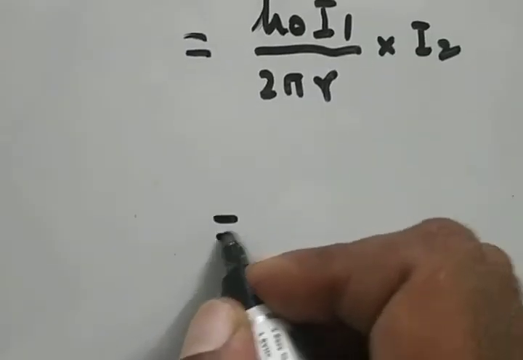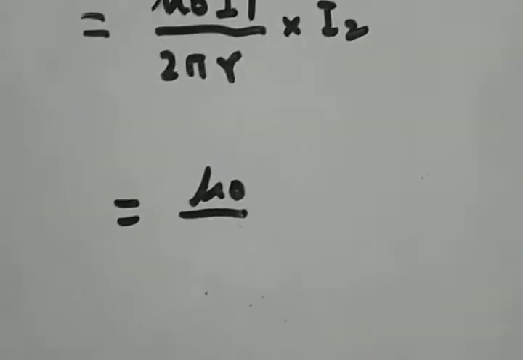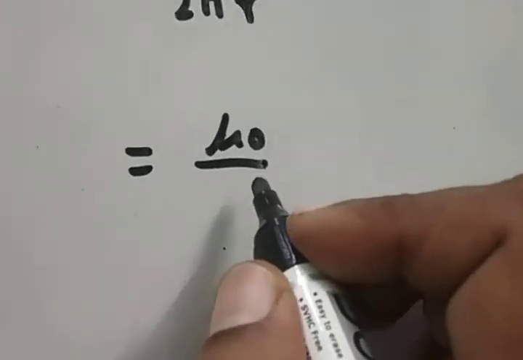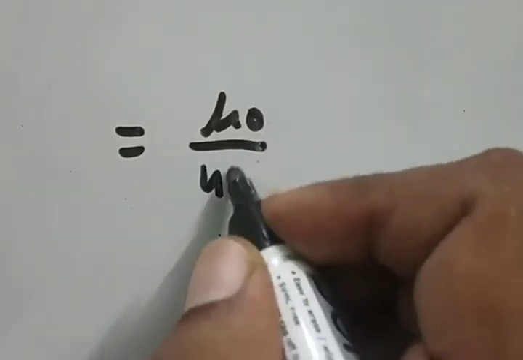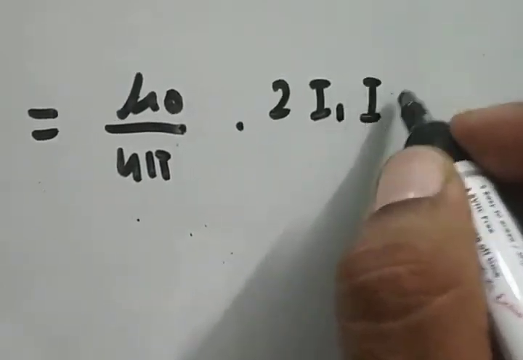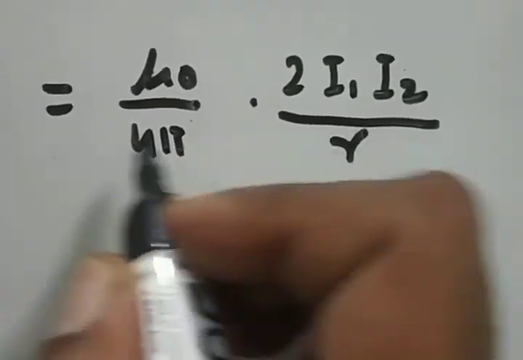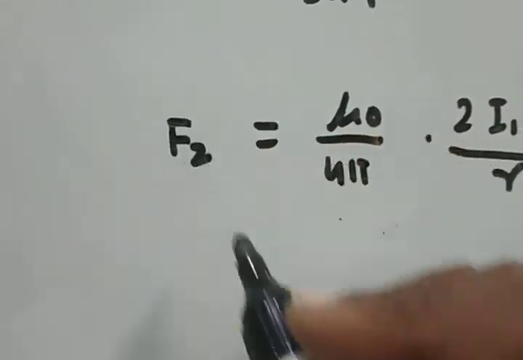So finally we get the expression mu naught. If we multiply by 2 in numerator and denominator, then it will become 4 pi, and we can write 2 I1 I2 upon R, and this is F2.